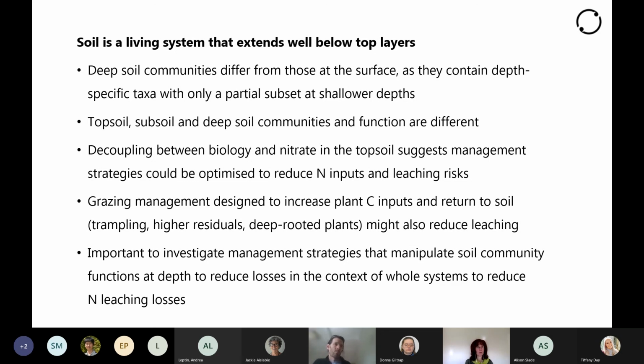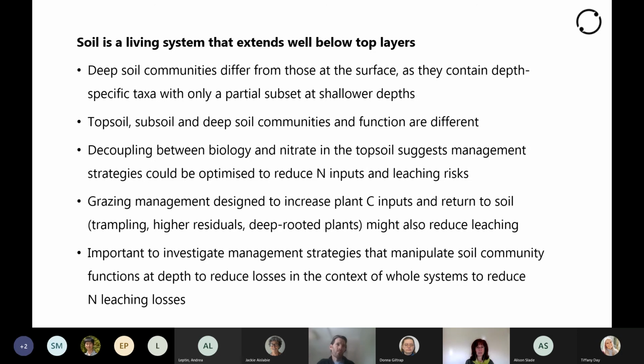As you saw, we went to quite a big effort, and there was a lot of resource invested in collecting these soils at depth. However, if we are really trying to understand and harness the full breadth of the capacity that the biological community can offer and work with it, there's a huge amount of biodiversity that we're completely ignoring by not looking at what's going on at depth.